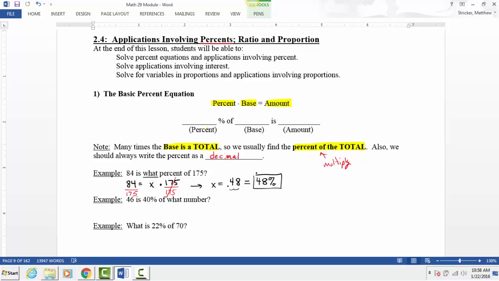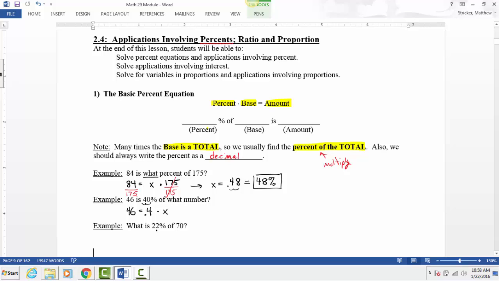I'll try another one. It says 46 is, so now it's 46 equals 40%. Remember, convert that to a decimal, so we move the decimal place 2 places to the left, so that's 0.4, of times what number?